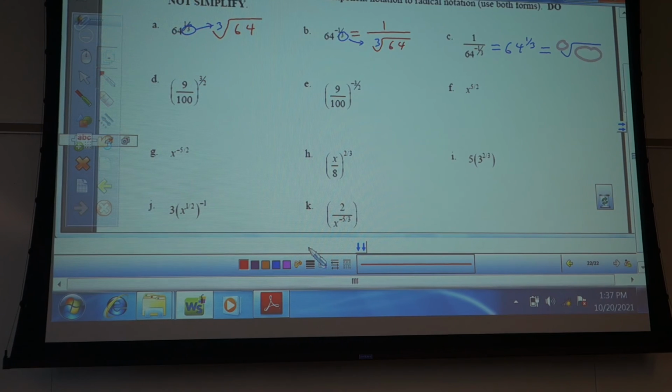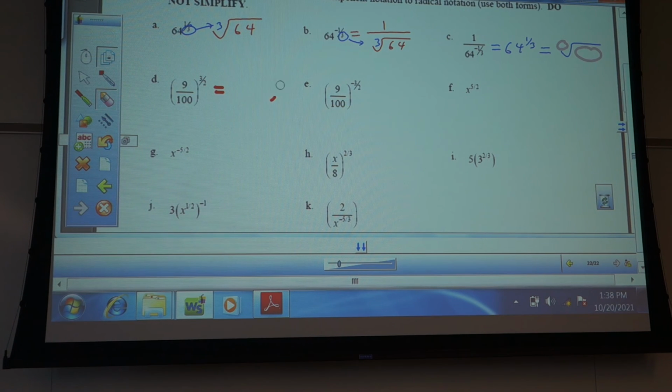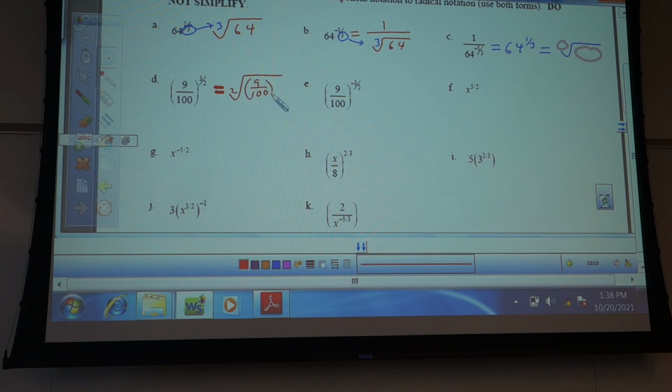David. So did anybody do it this way, where they did 9 over 100 inside, and they did the 2 on the outside, and then they did the 3 on the inside? 9 over 100 on the inside, and it's a 2, so put the 2 there, but you can leave it off if you want, since it's understood.